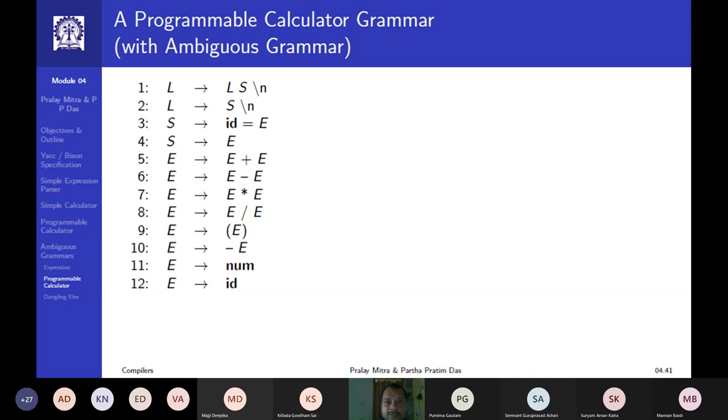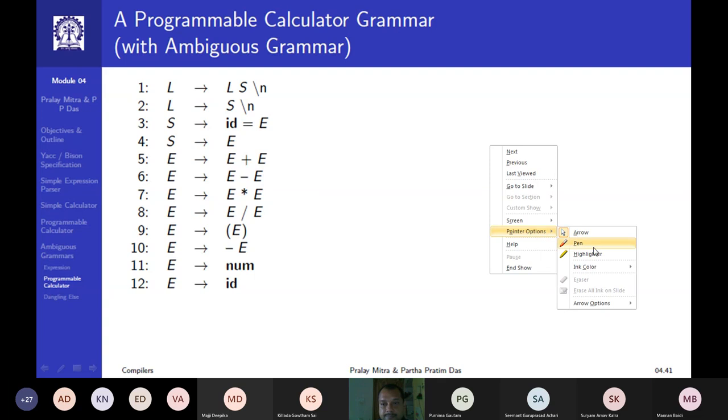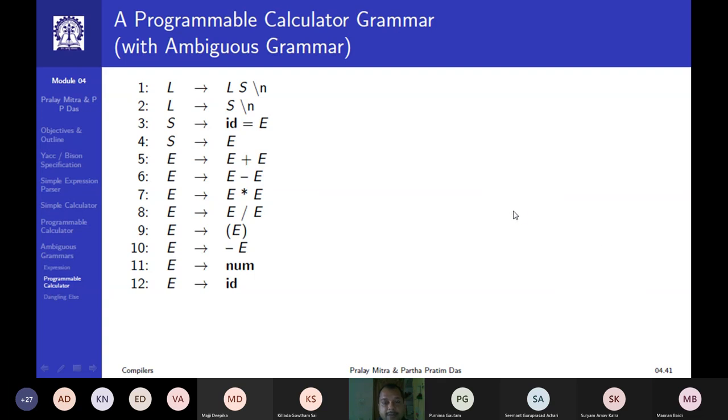Regarding the ambiguity, yesterday we also discussed that ambiguous grammars have fewer states, and hence the size of the parsing table will also reduce. For this simplest grammar also we have seen that we can reduce a few states if it is an ambiguous grammar.